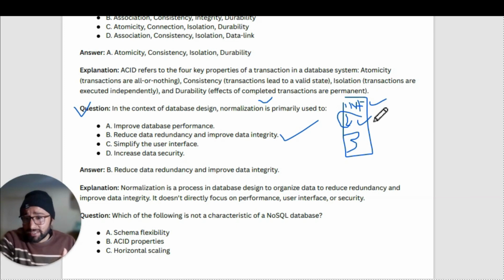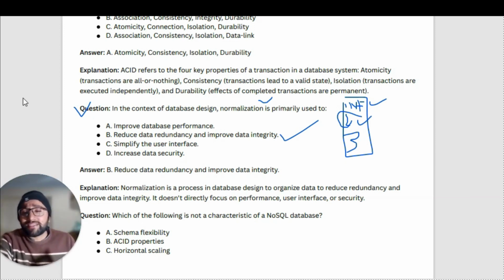This creates disturbance. So how we remove this disturbance in the second normal form is we try to make non-key attributes fully dependent on the primary key. Like we will have primary keys 1, 2, 3, 4, 5. They will behave like a primary key. So all the other concepts will be.